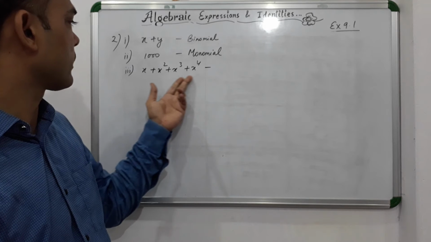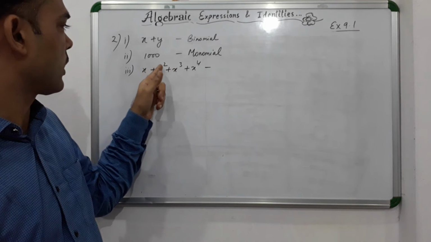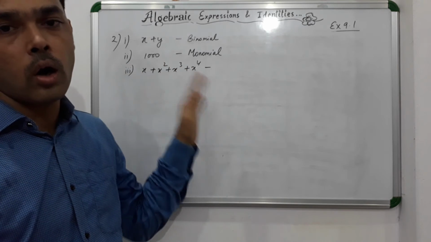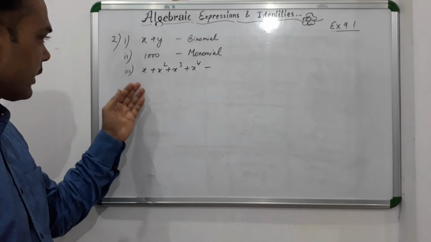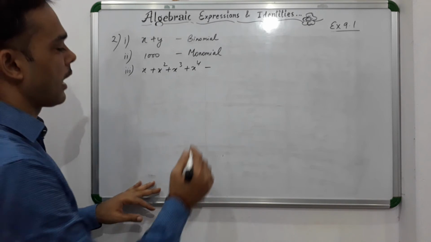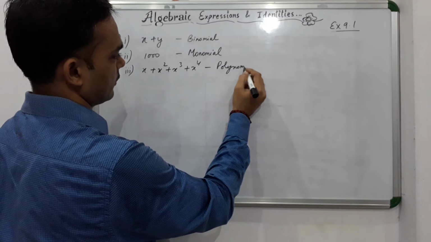I know that everywhere there is x, but if you see their exponents over here, it is 1, 2, 3, 4. All of them are different. That is why it is having 4 terms, and thus it will be a polynomial.